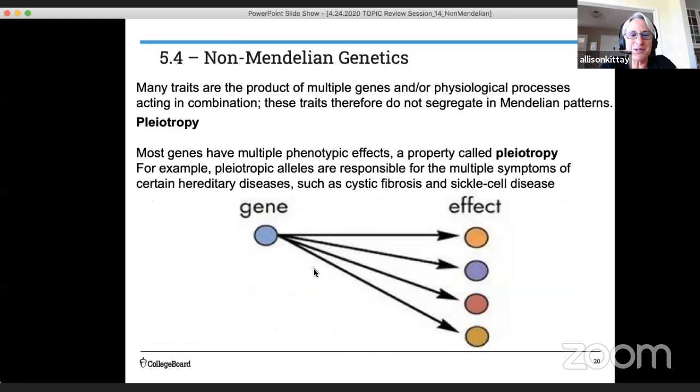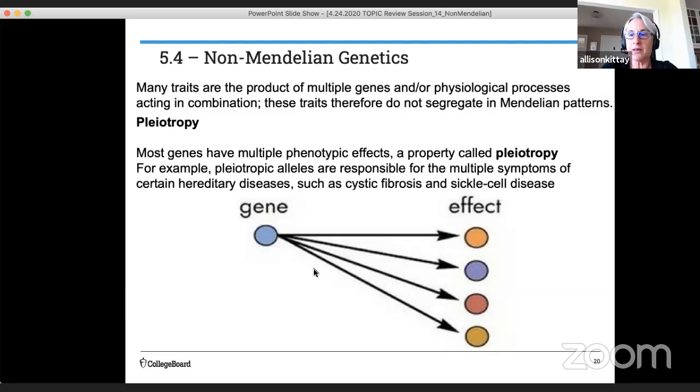Okay, so pleiotropy. Pleiotropy is a funny word. Basically, it means that one gene has many different phenotypic effects, and there are many hereditary diseases in humans, such as cystic fibrosis or sickle cell disease, that have this. There's also a weird trait in chickens called the Frizzle feather trait, and the defect in the gene affects the cartilage.